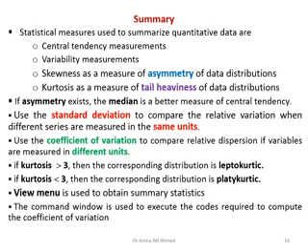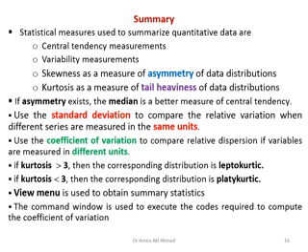The current presentation discussed the main points of Chapter 5. The focus of this chapter is to describe quantitative data using statistics. Measures used to summarize the quantitative data are central tendency measurements, variability measurements, skewness as a measure of asymmetry of data distributions, and finally kurtosis as a measure of tail heaviness of data distributions.